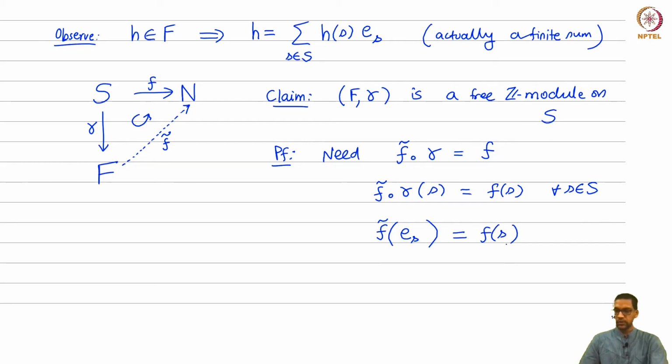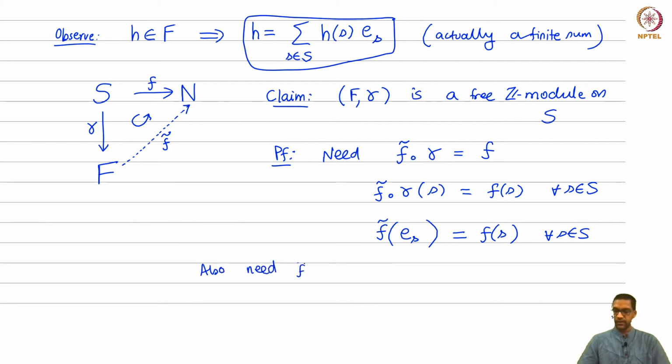Okay, so what does that imply? Well, if at all you can find such an f tilde, then that f tilde has to satisfy this property. And we also want f tilde to be a group homomorphism, meaning it's a Z-linear map. So what does that mean?